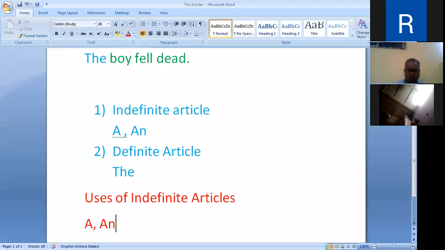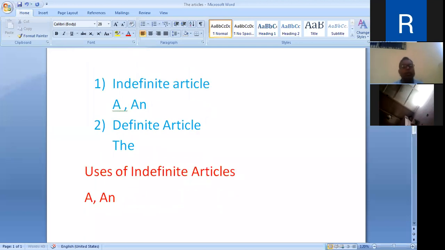Whatever the word sound is, their initial letter or initial sound will decide whether to use a or an. For example, an is used before a word with a vowel sound.